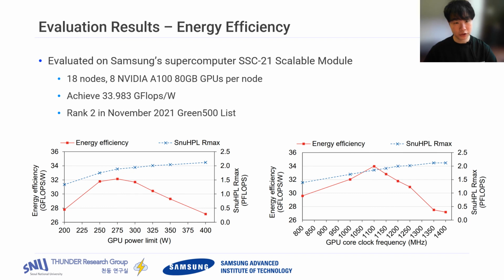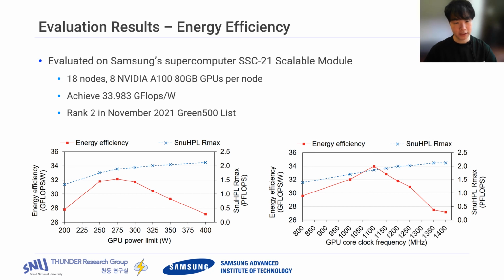Finally, we evaluate the proposed energy optimization technique on the SSC21 scalable module. The power consumption is measured at the PDU that supplies power to all the 18 nodes and an HDR InfiniBand switch. As expected, the performance of SnuHPL increases as the GPU power limit or clock frequency increases. However, the energy efficiency is not proportional to the performance.